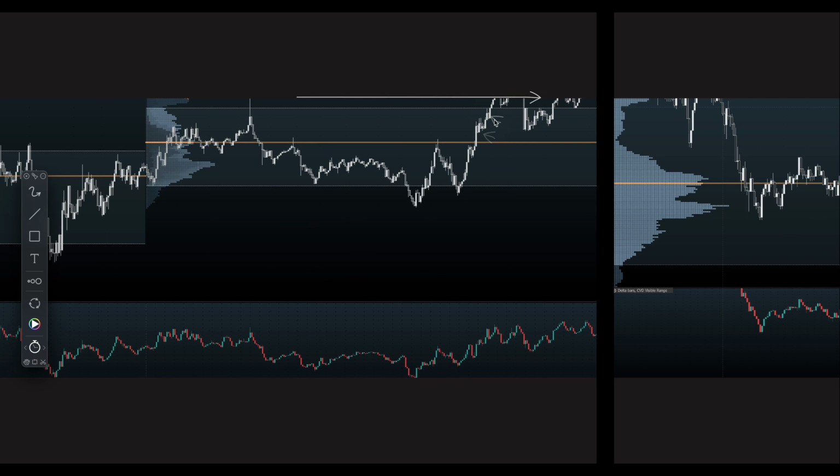I would much rather get taken out because there is a compression here, there was not this kind of a stop run move.